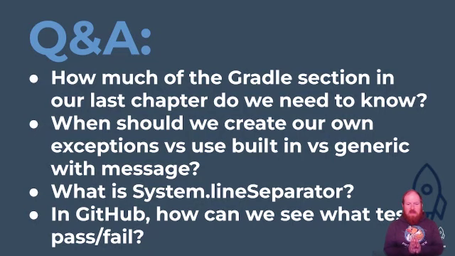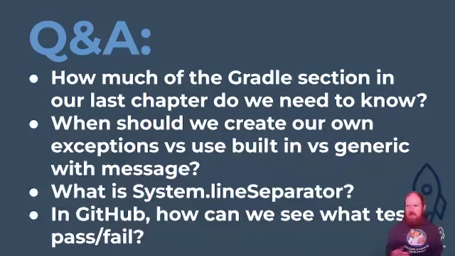The thing with the system.line separator, what Java does with system is it evaluates the system that it's running on. So it can kind of figure out if it's a Windows or a Mac device. And when it says system.line separator, I think we talked about it briefly last time that Windows has a different line separator than Mac by default.